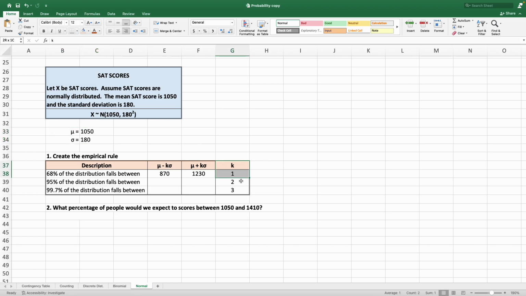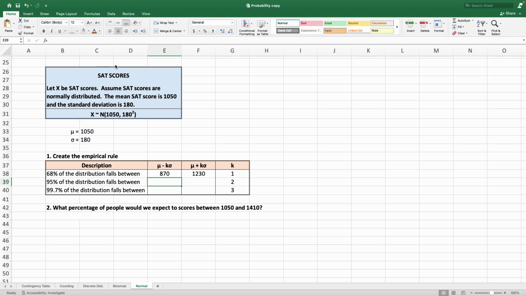The only thing we want to change is k now. So we could lock these two numbers in place. I'm going to lock C33 and C34 in place. And remember, we do that with the $ sign. So I'm going to put a $ sign in front of C and a $ sign in front of 33, and then a $ sign in front of C and a $ sign in front of 34.